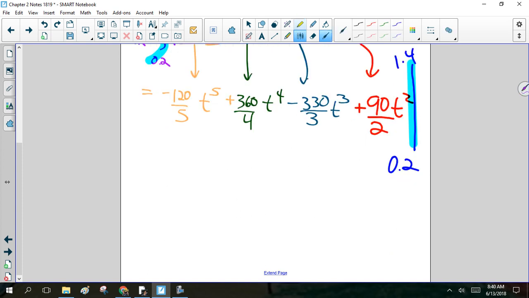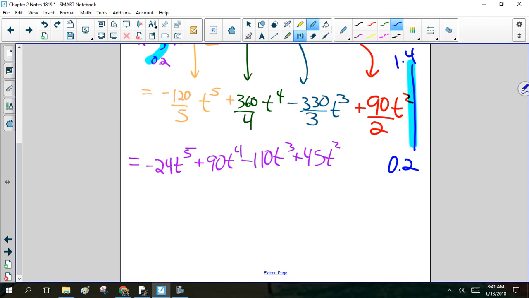So let's simplify this a little bit. Negative 120 over 5 is what? Negative 24 t to the 5th plus 90 t to the 4th minus 110 t cubed plus 45 t squared, from 0.2 to 1.4. Okay, so now, where did I put my paper? Here we go.